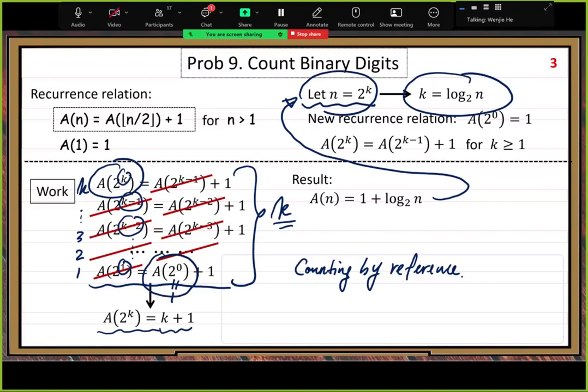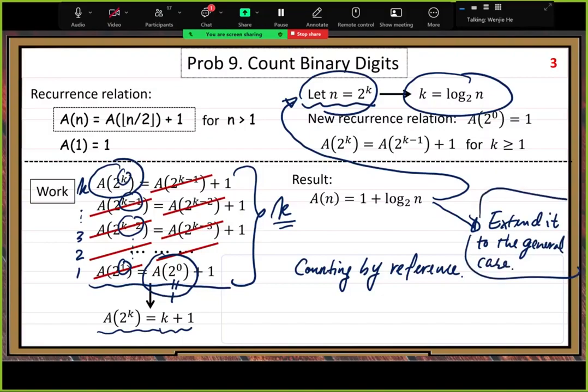In other words, how do we extend this formula to the general case? Now we need to talk about the general case.